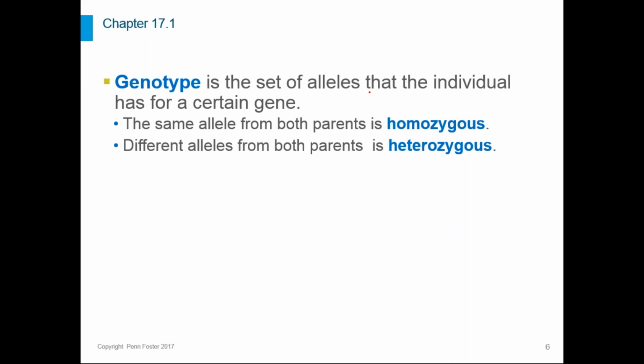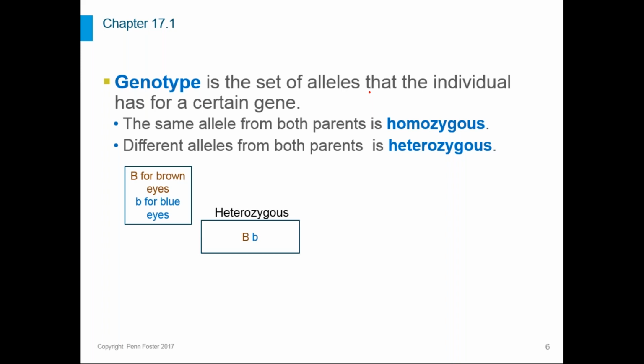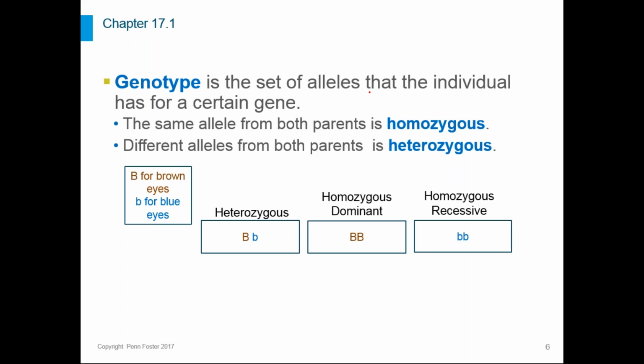For example, if there is an allele for brown eyes and an allele for blue eyes, they might be represented with a capital B and a lowercase b. The heterozygous genotype will be one of each. The homozygous dominant genotype will be 2 alleles for brown eyes, and homozygous recessive will be 2 alleles for blue eyes.